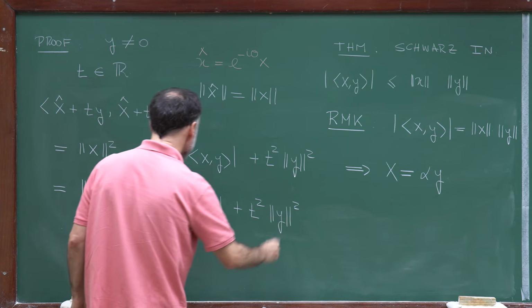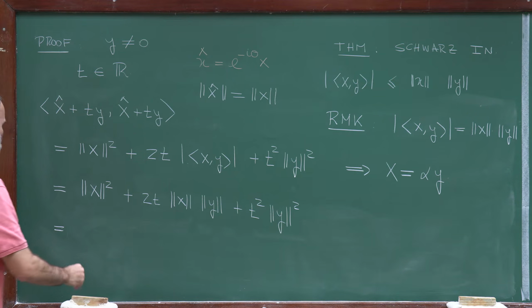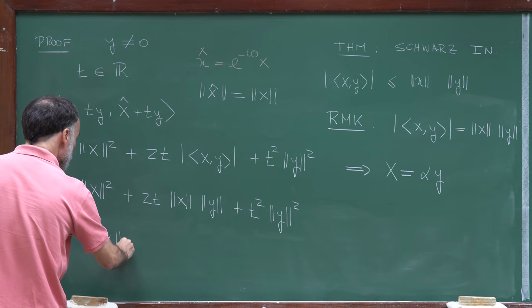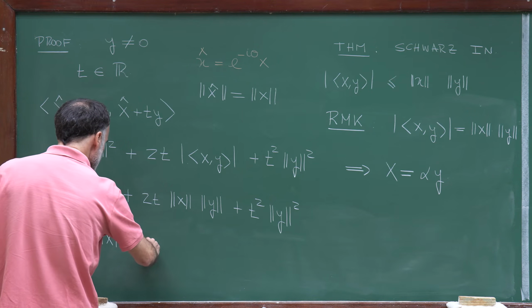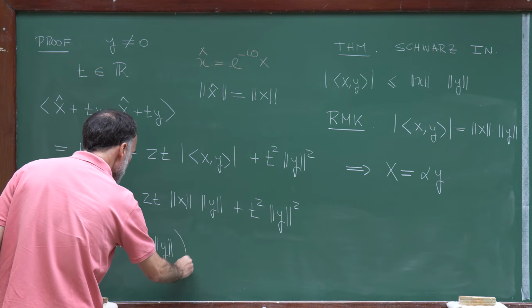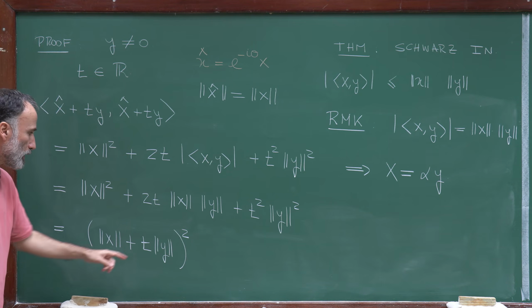And what is this? Well, this is the norm of x plus t times the norm of y, squared. And this holds for all t.